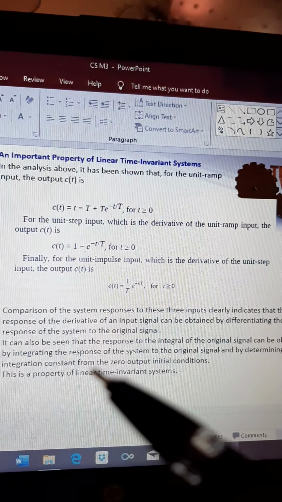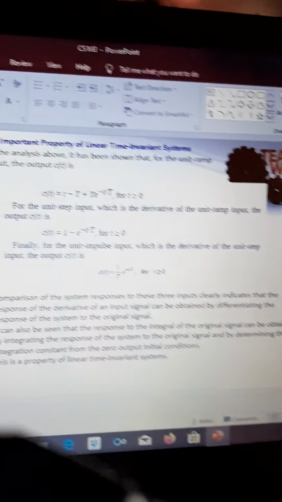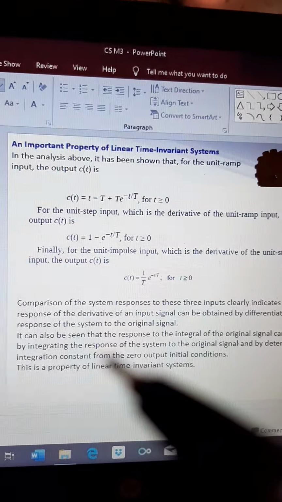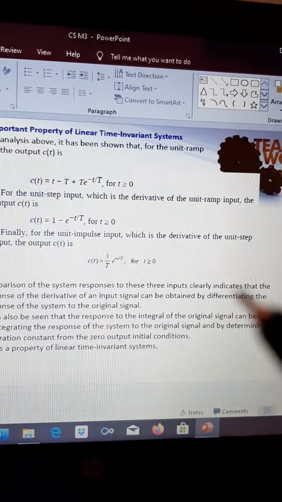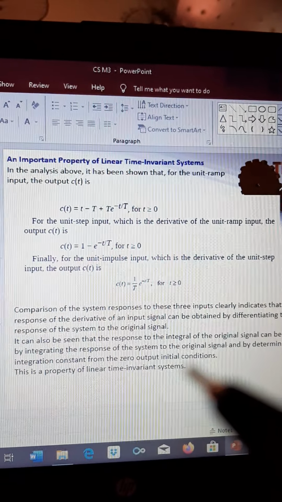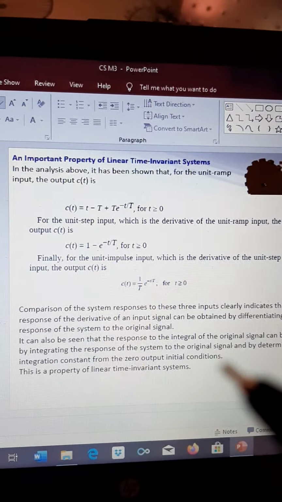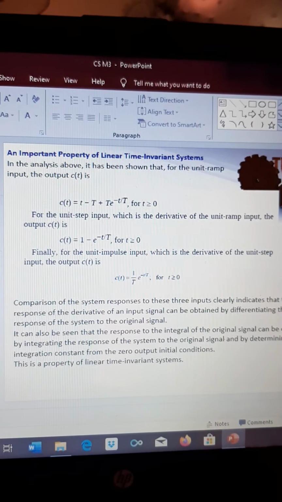It can also be seen that the response to the integral of the original signal can be obtained by integrating the response of the system to the original signal and determining the integration constant from the zero output initial condition. This is the property of linear time invariant systems.